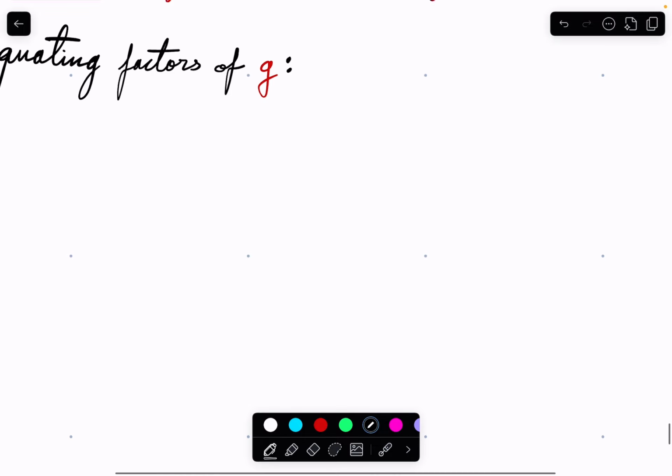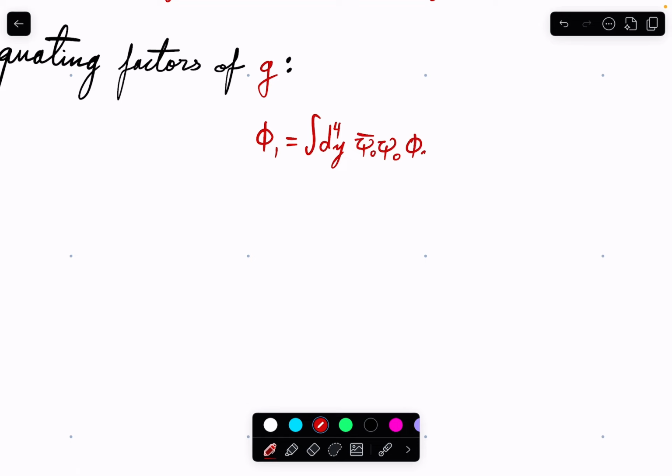we can see that the solutions are phi 1 is the integral over y of psi naught bar psi naught phi s. And likewise, phi 2 is equal to the integral over y of psi naught psi 1 bar plus psi bar naught psi 1, phi s.